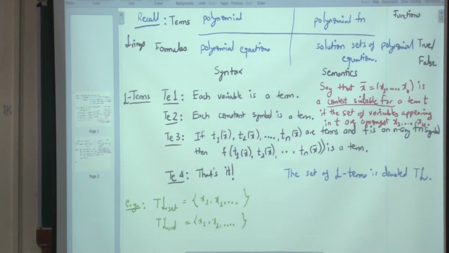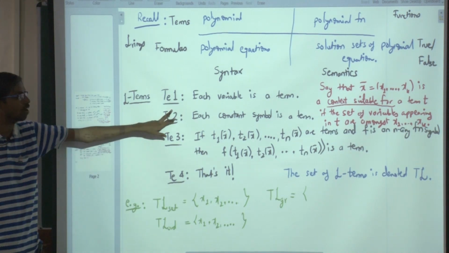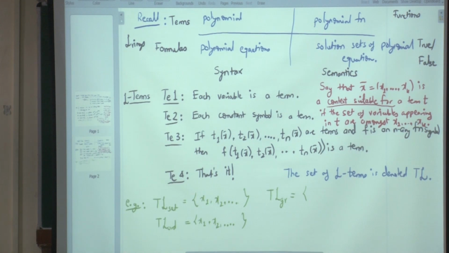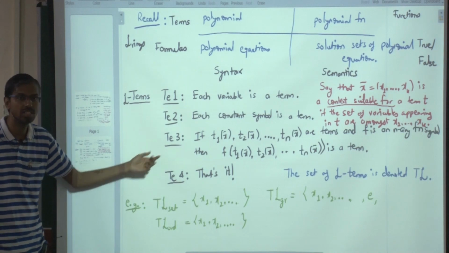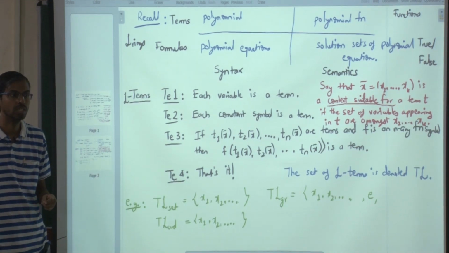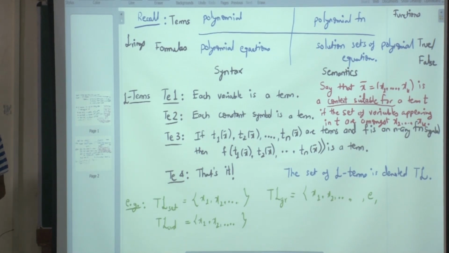What about the language of, let's say, groups? So language of groups, what does it have? Does it have a constant symbol? Yes, so I'm first going to write down all the variables, that's always going to be a part. Then eventually it has one constant symbol, e. Then does there exist any function symbol? The binary operation, yes.